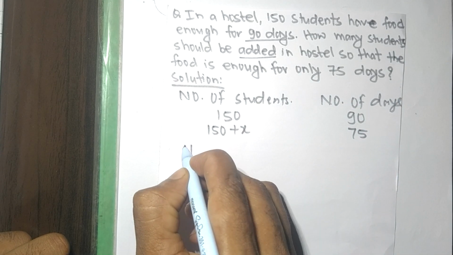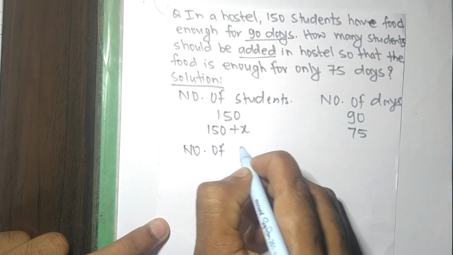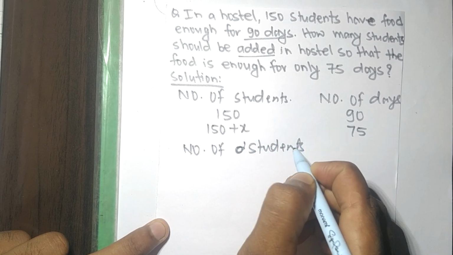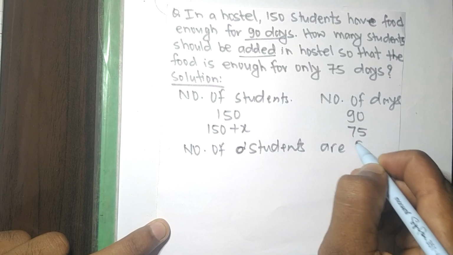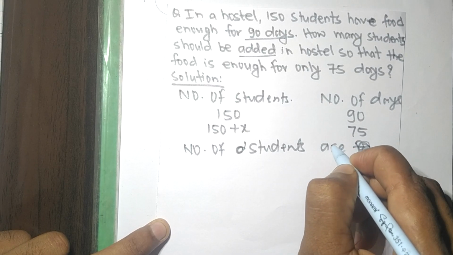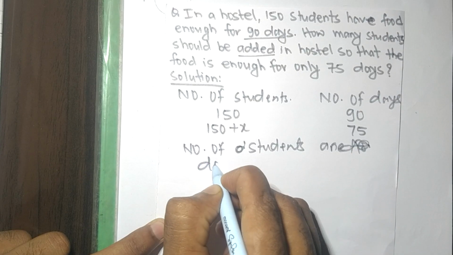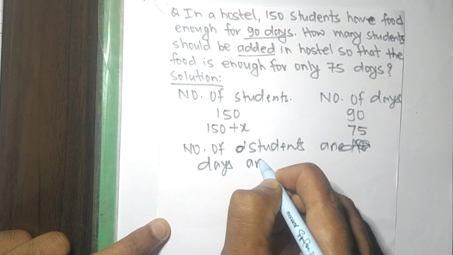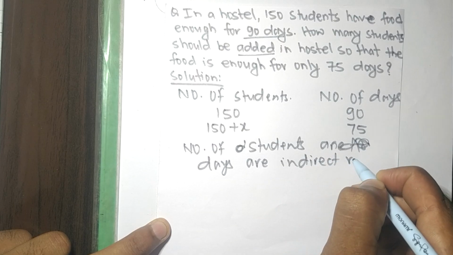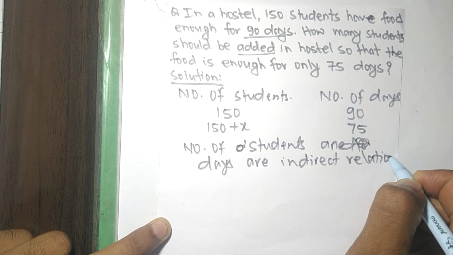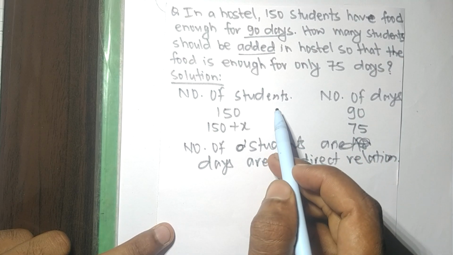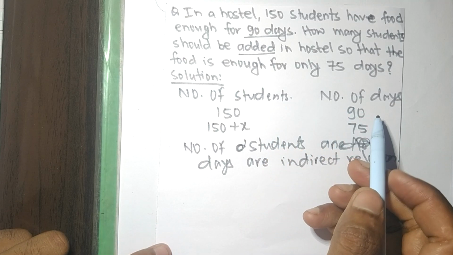So here the number of students and food number of days are in indirect relation. So here there is an indirect relation between the number of students and days.